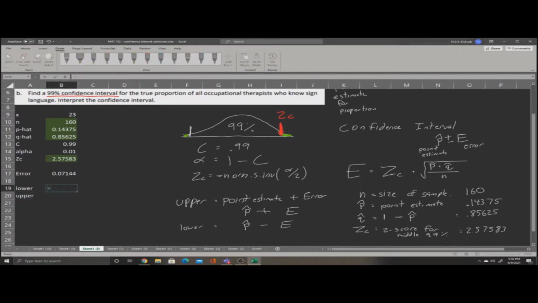So for our lower, we'll say equals, we click on the p hat, and we say minus the error that we found. This will give us a lower bound of 0.07231. For our upper bound, we'll take our p hat and then add the error instead. This will give us 0.21519. These will be our answers for this problem.